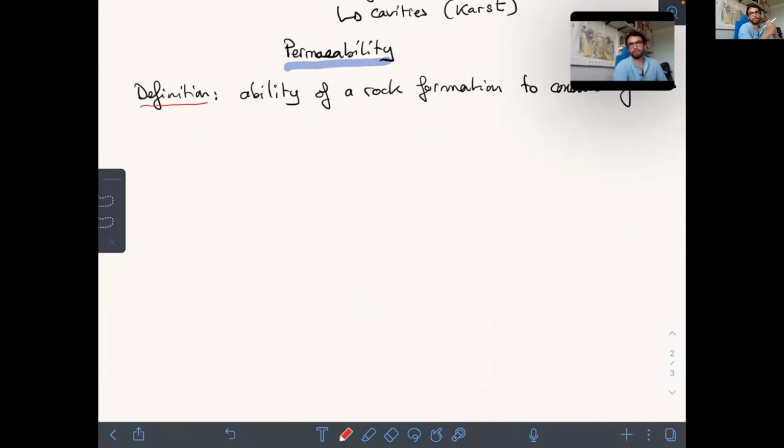Okay, so related to this concept of permeability, there is a very important law of fluid dynamics in porous media. It is the most important law. And this is called Darcy's Law.